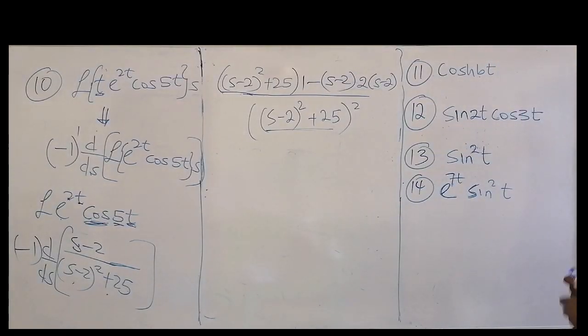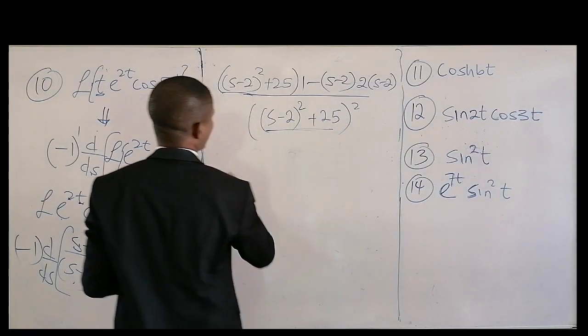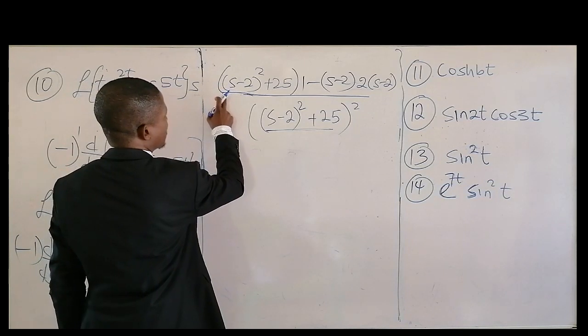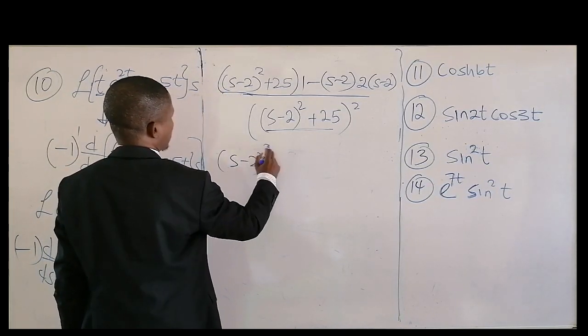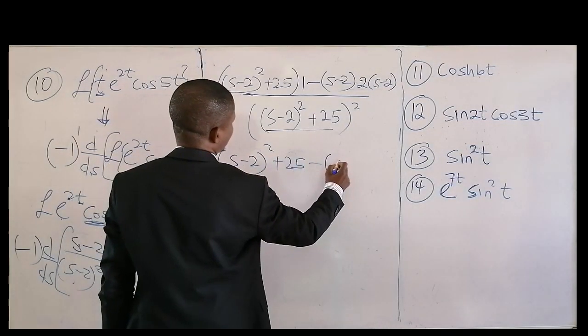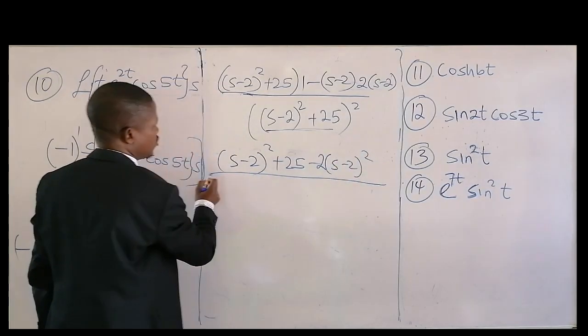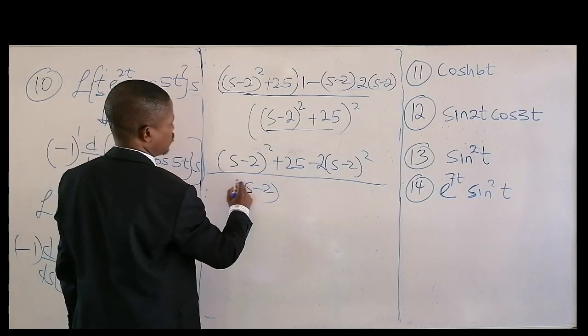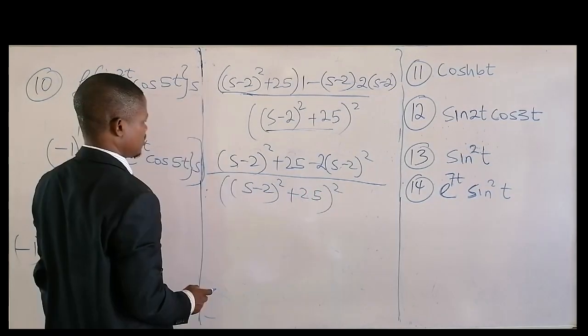What to do now is the algebra, and I think we can open these brackets. This will be x minus 2 squared plus 25, and then minus 2 into bracket x minus 2, all over x minus 2 squared plus 25 whole squared. Let's expand this.